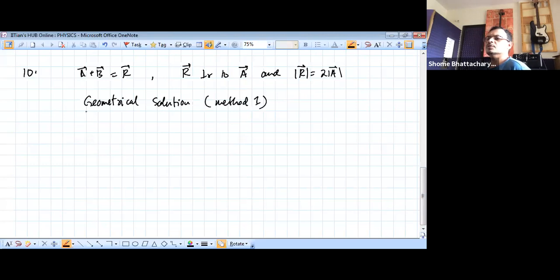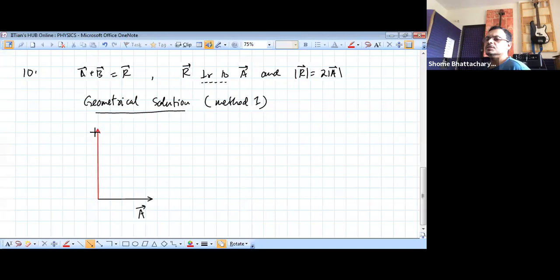Why am I saying the geometrical solution is easy? Because the resultant is perpendicular, the triangle that I will be drawing will be a right angle triangle. If I go with the geometrical method, my vector A is supposed to be like this. Then my resultant is perpendicular to this, and it is double of this in magnitude.